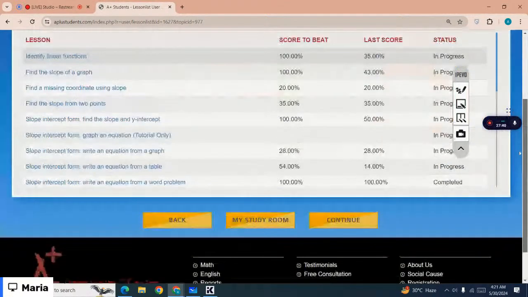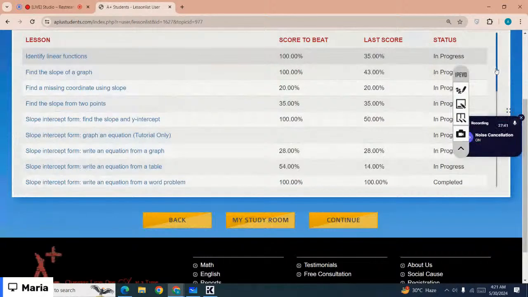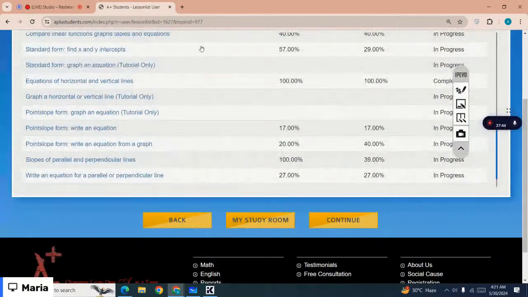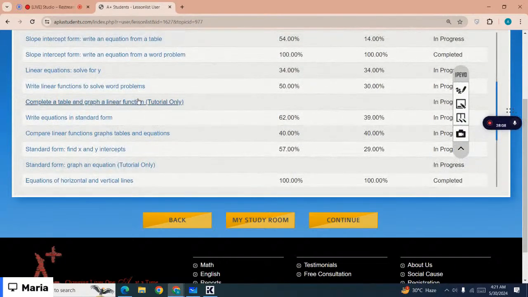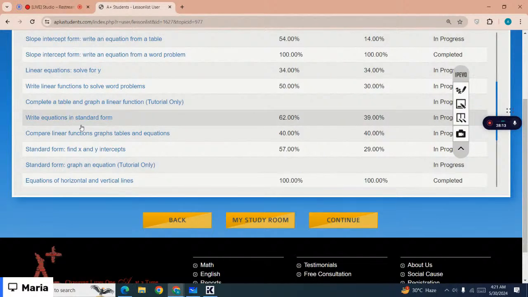Okay, the next lesson is writing equations in standard form. Let's just start with the next lesson.